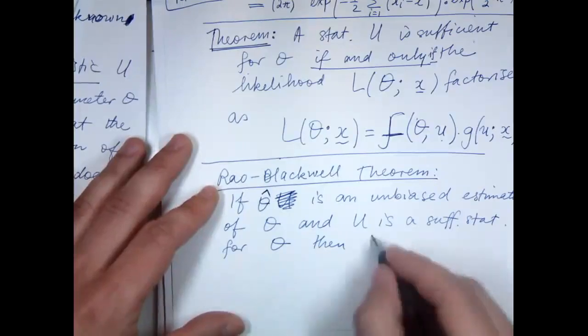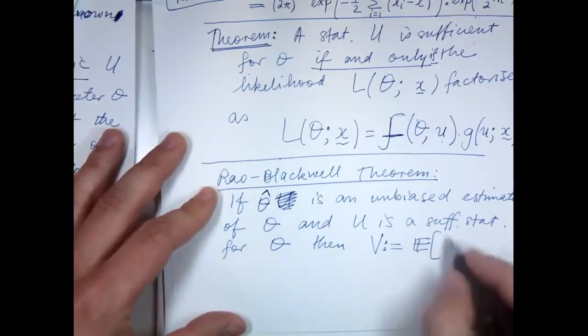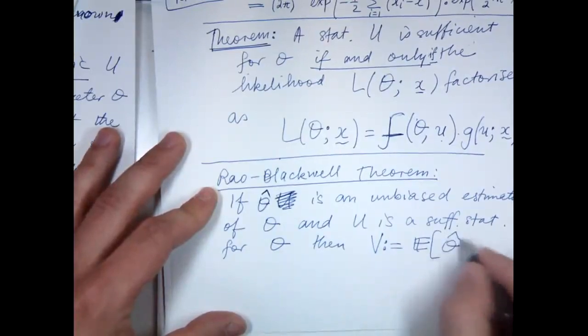So V is defined to be the conditional expectation of theta hat given U.